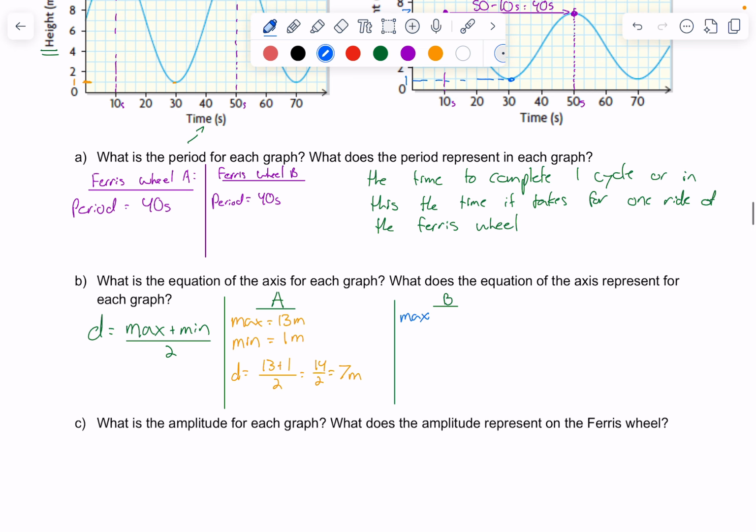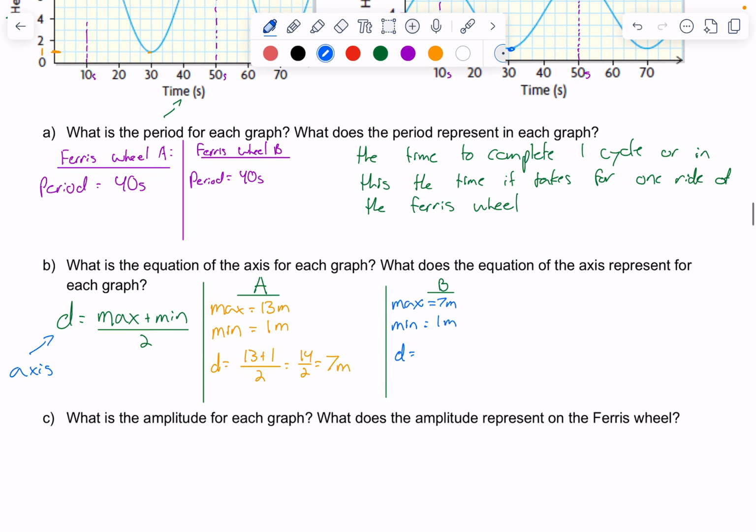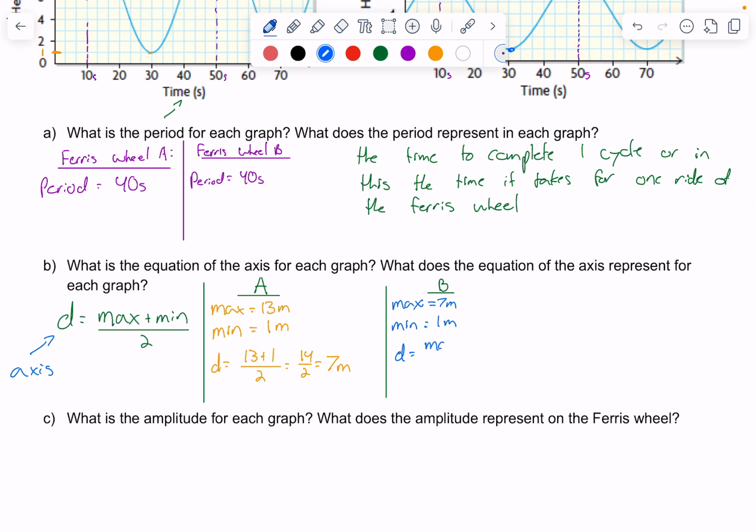So my max is 7 meters. My min is 1 meter. So apply the same formula, your axis of symmetry, or D. Your equation of the axis is D, which is max plus min.